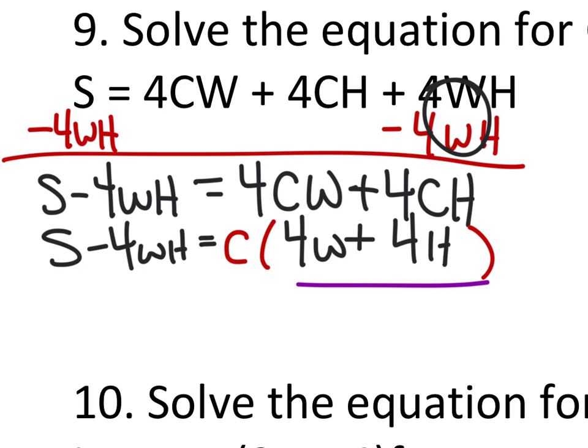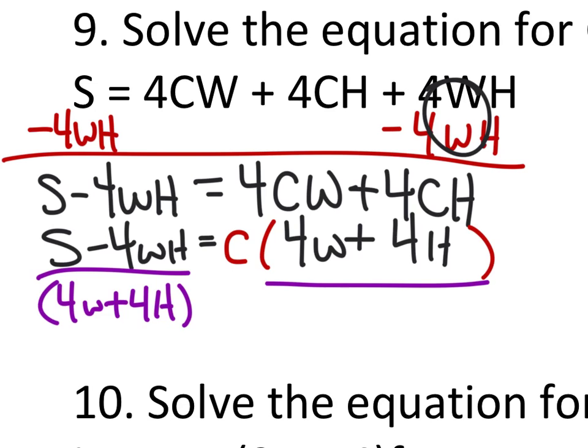From here, all I need to do is divide both sides by 4W plus 4H. What this will do is cancel out all of this stuff right here, okay? It essentially becomes 1. Anything divided by itself is 1.